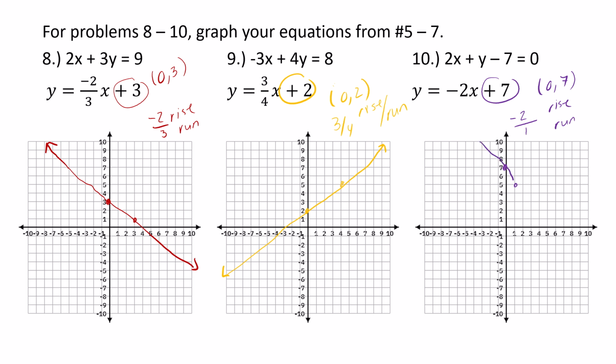Now, if it's very important to you or your teacher that you have a very straight line, what you would do from here is count down 2, right 1, down 2, right 1, and see how my line kind of drifted there. You could make sure that you have a much nicer line if you keep counting the points. So, there we go. We'll erase that messier one.